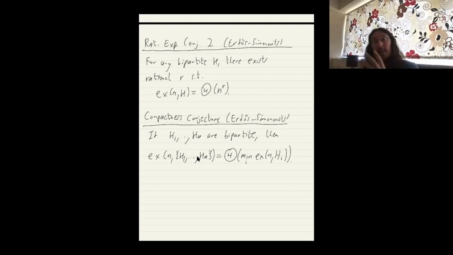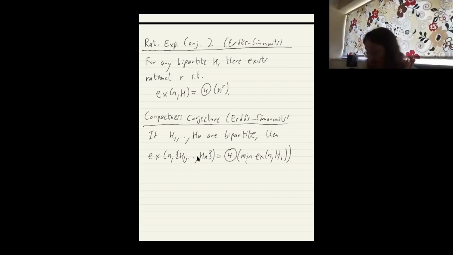So that's basically saying that if you have some finite family, it's not true for infinite families, if you have some finite family of graphs, then the extremal number for that family, which just means when do you get one of them, should be just determined by the extremal number of the minimum of that family.